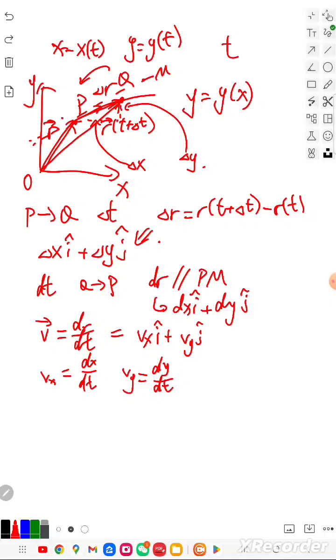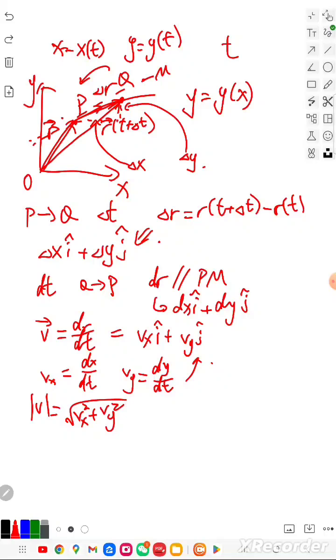Those can be either positive or negative, it only matters to the direction. This is the decomposition of the velocity v. The absolute value, the speed, is the square root of vx squared plus vy squared, which we can easily see from the graph.